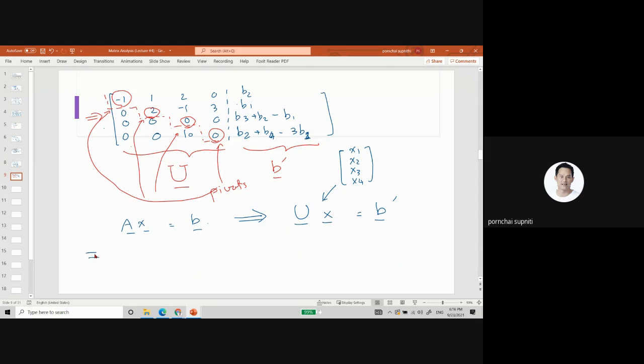So my question is, for this system, when would a solution exist? If you only consider this new augmented form after the Gaussian elimination, when would a solution exist?